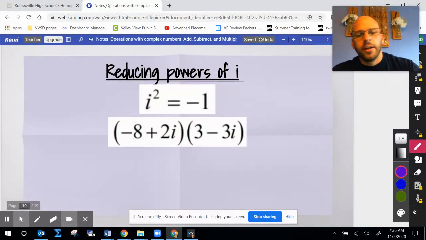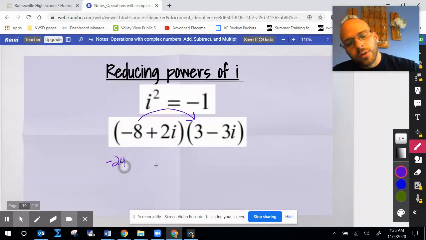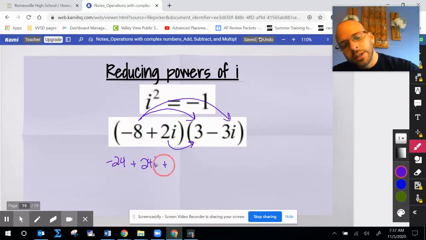Last one. So negative 8 times 3 is a negative 24. Negative 8 times a negative 3i is a positive 24i. 2i times 3 is a 6i. 2i times a negative 3i is a negative 6i squared.